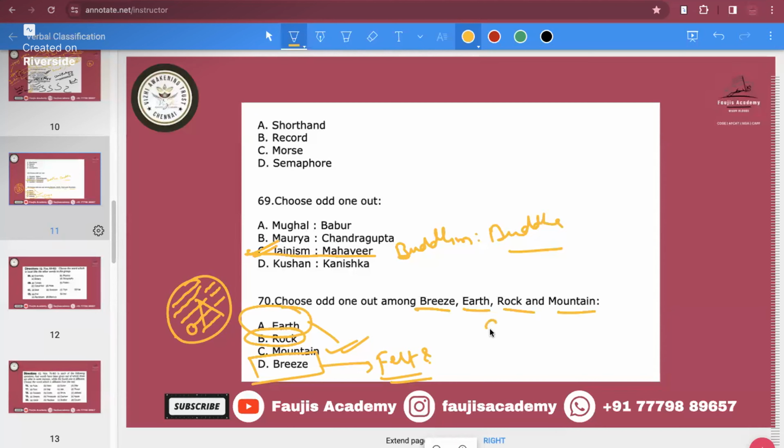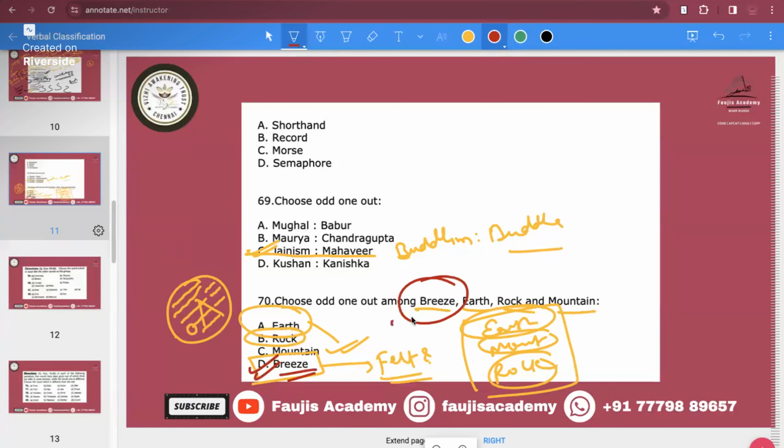Earth, mountain, and rocks in that order. Rock is small, mountain is even bigger, and Earth is the ultimate. So we'll go ahead with option D as your answer. Breeze is the odd one.